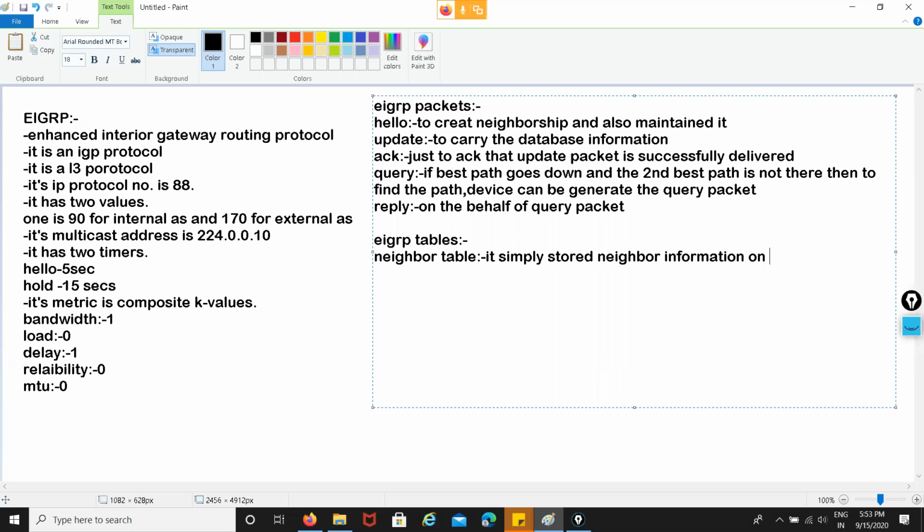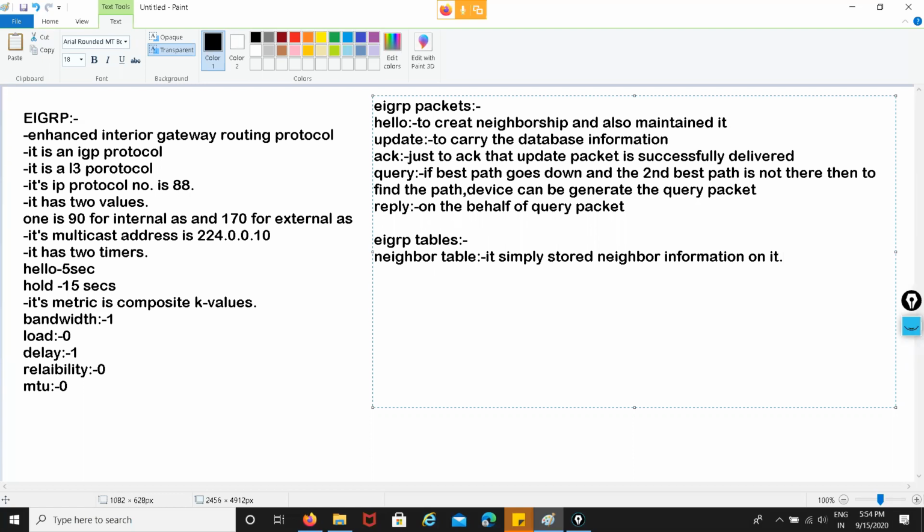Like the neighbor table, it simply stores the neighbor's prefixes, like what are the networks available on its neighbor router. That particular information is stored in this specific table, which is named the neighbor table.